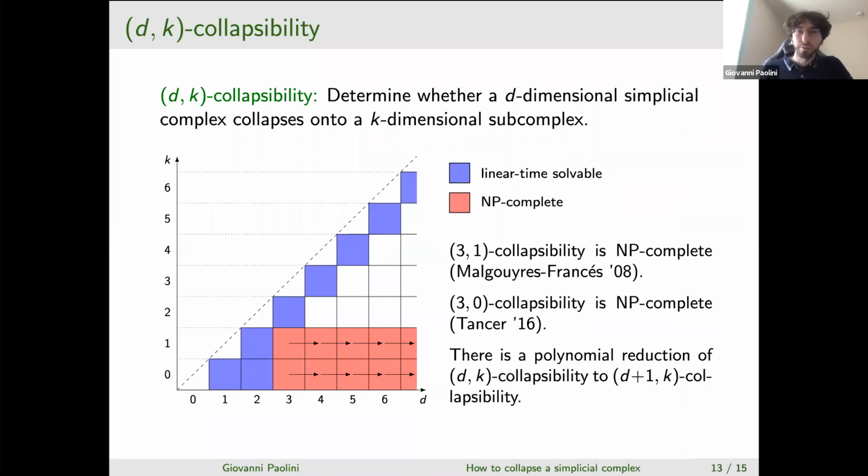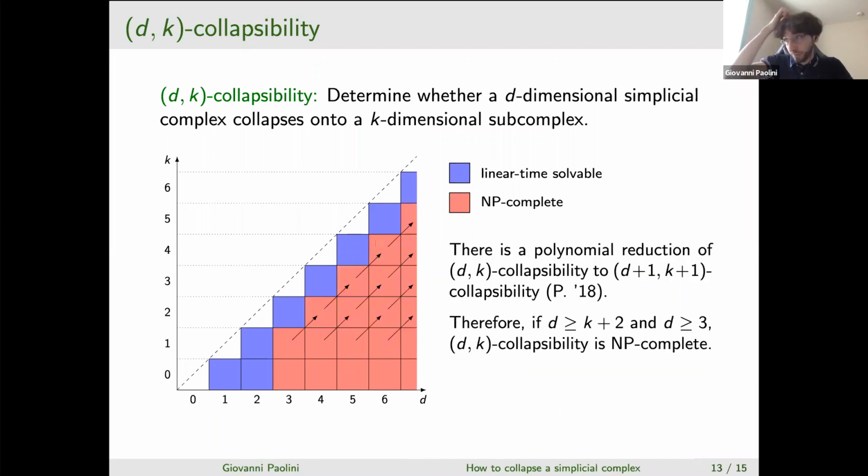But what about the other boxes? Well, it turns out that about 2-3 years ago, I gave a proof that actually all other boxes are NP-complete. This proof is based on a different reduction, a slightly less trivial one, from d,k to d+1,k+1 collapsibility.